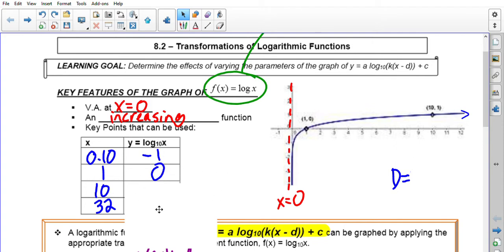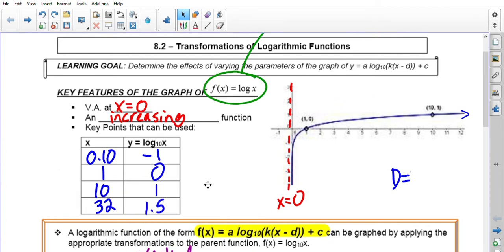Log of 10 to the base 10 is 1. And then the next number I do is log 32 to the base 10, and that gives us 1.5. So these are strategically chosen numbers that we keep entering in until we find an easy to plot number. So this is our graph here.